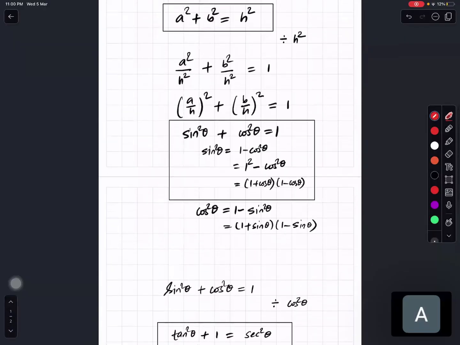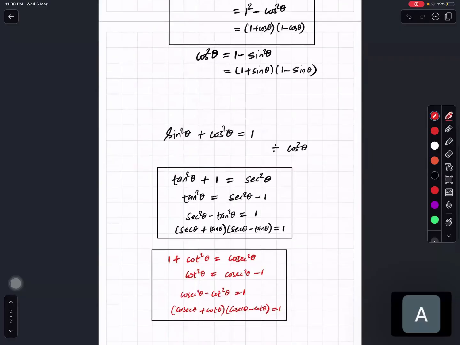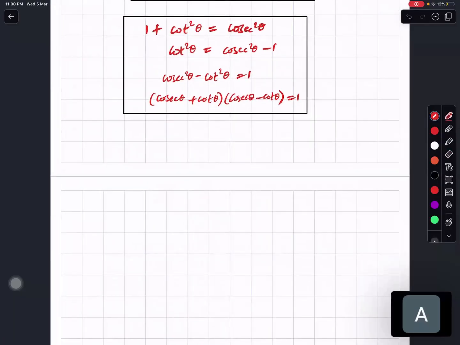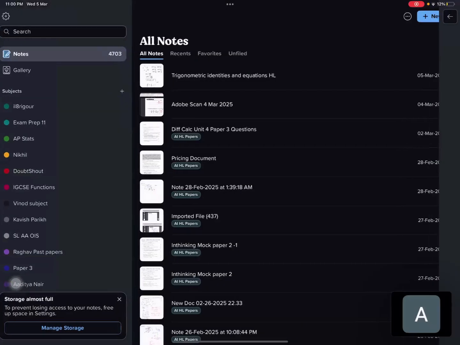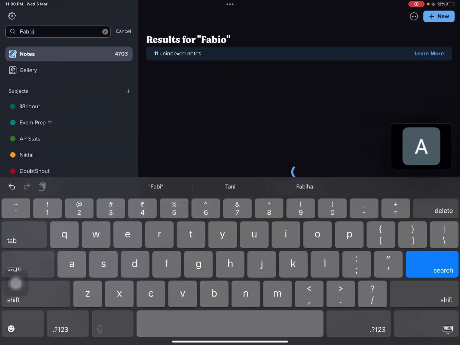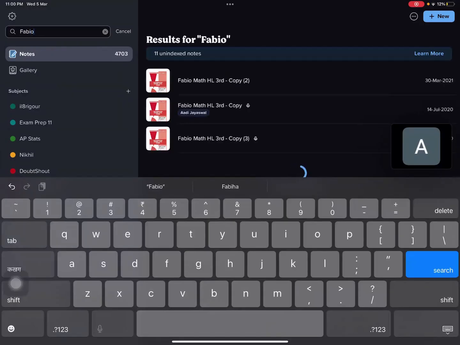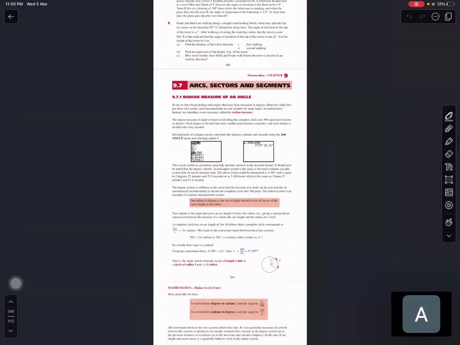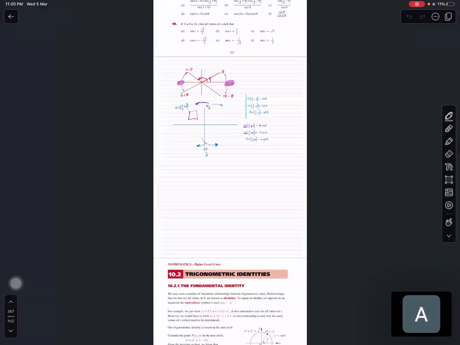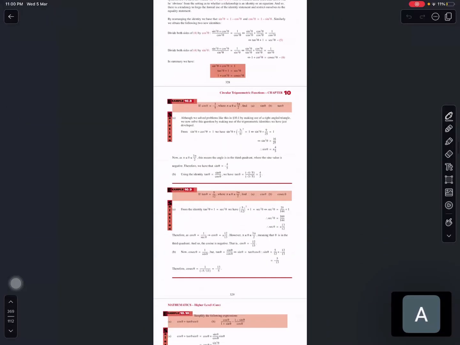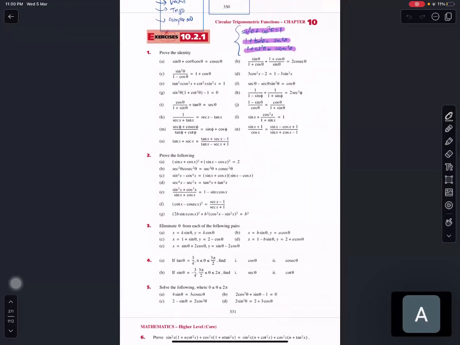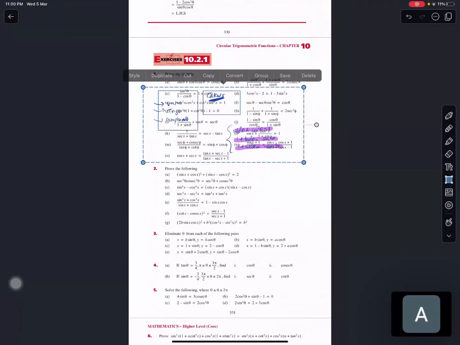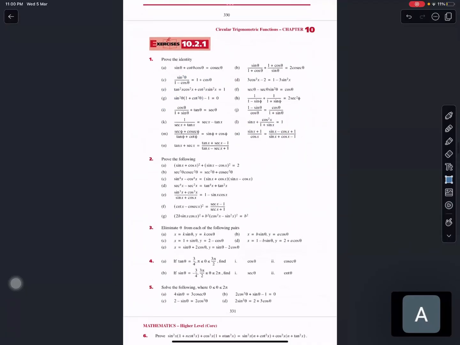Fine. So these are some identities. Based upon that, we have one whole exercise which we can practice. I will just share it with you. I'm talking about this entire exercise, 10.2.1.